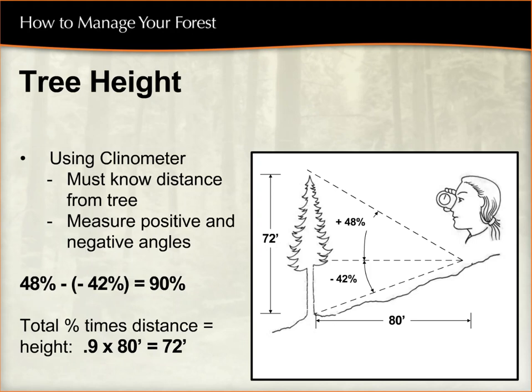So in this case, we find that there's a 48% slope to the top of the tree and a minus 42% slope to the bottom of the tree. The difference between these two is 90%, and we take that 90% and multiply it by 80 feet, our distance from the tree. This gives us a tree height of 72 feet.